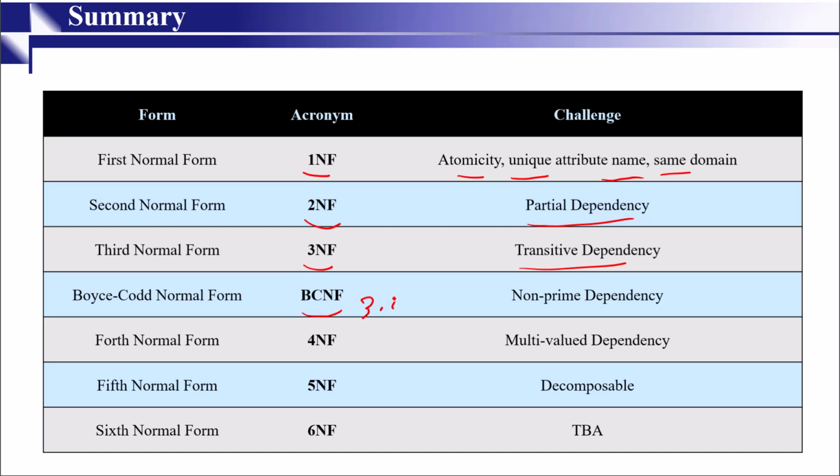BCNF or 3.5NF addresses non-prime dependency. 4NF tackles multi-value dependency. 5NF ensures no lossy decomposition. We have to reach a point where we cannot split our tables anymore. And 6NF is still under discussion. Each form builds on the previous one and they refine the database structure.